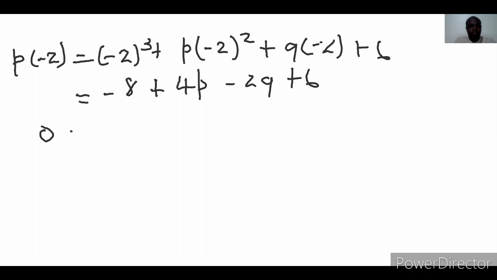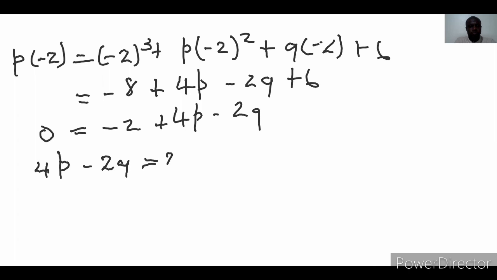And 0 equals negative 2 plus 4p take away 2q, and 4p take away 2q would be equal to 2, and that would be for equation number 2.